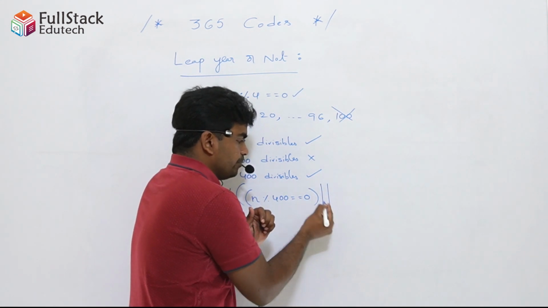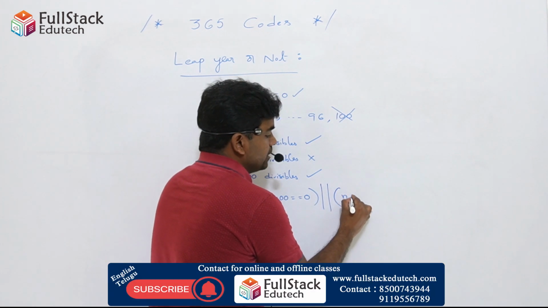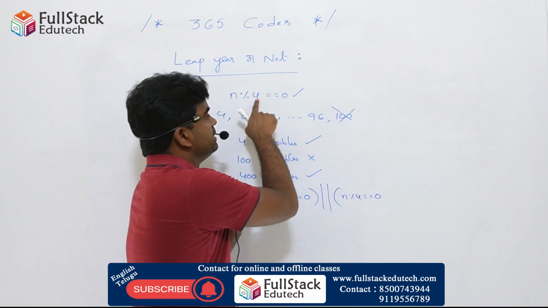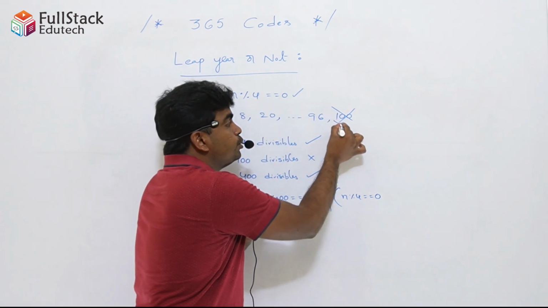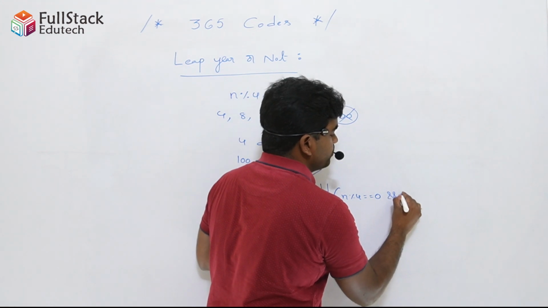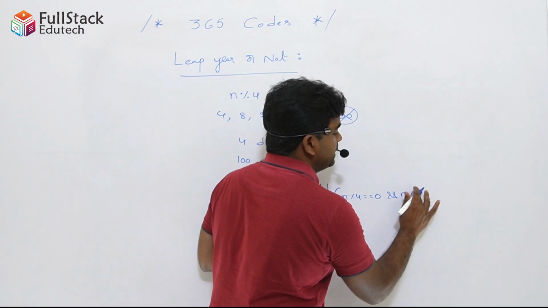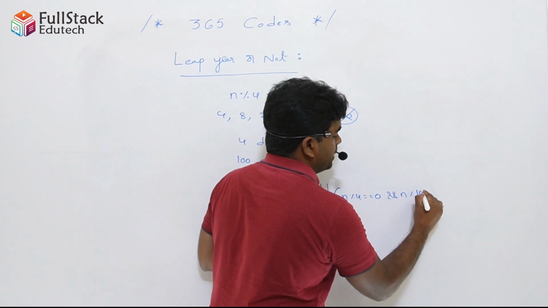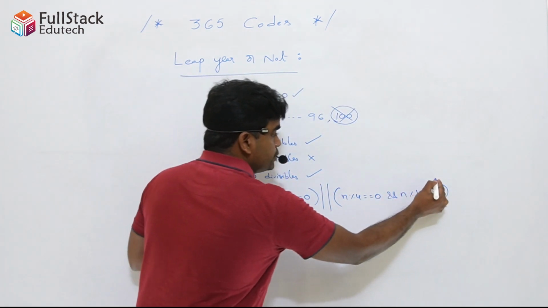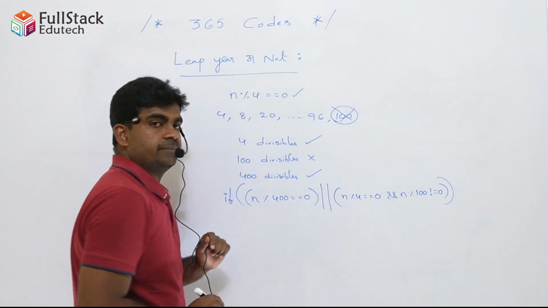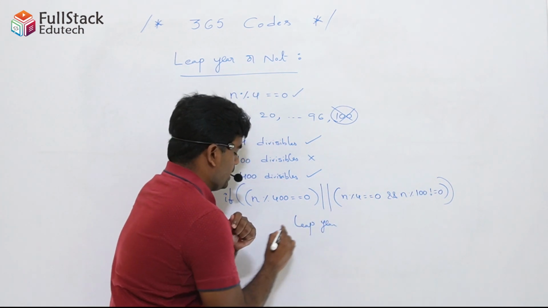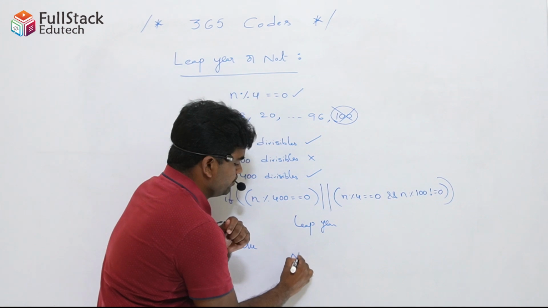Or if the number is divisible by 4 and it should not be divisible by 100, that is, the number modulo 100 should not be equal to 0. If these two conditions are satisfied, then only we can say that it's a leap year. Else, not a leap year.